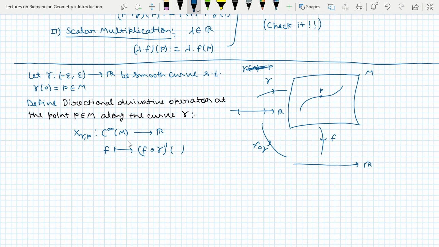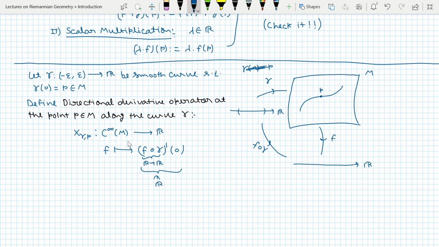So we will have to provide some parameter value. That parameter value is going to come from the domain of the curve gamma. That will be 0, because we have taken gamma of 0 equal to P. And since f of gamma is a function from R to R, we can do our usual derivative and then evaluate it at the point 0.